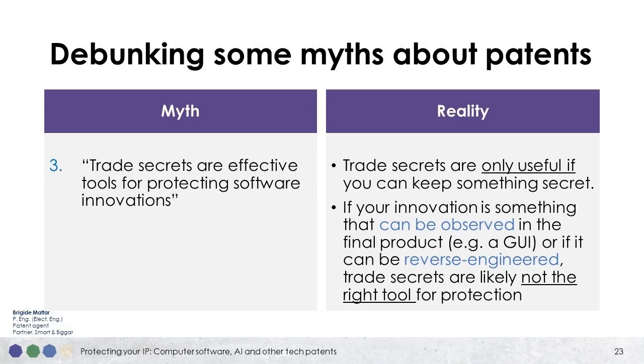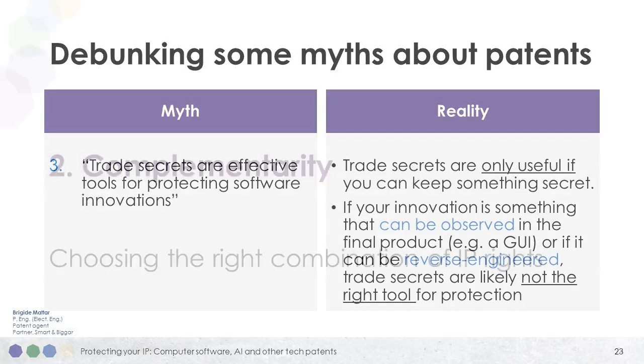This basically means that if what's really new about your innovation can be observed by a user or by your customer, and/or if it could be reverse engineered, then trade secret is not an effective form of protection. Trade secrets are really only applicable if you can keep the innovation secret.